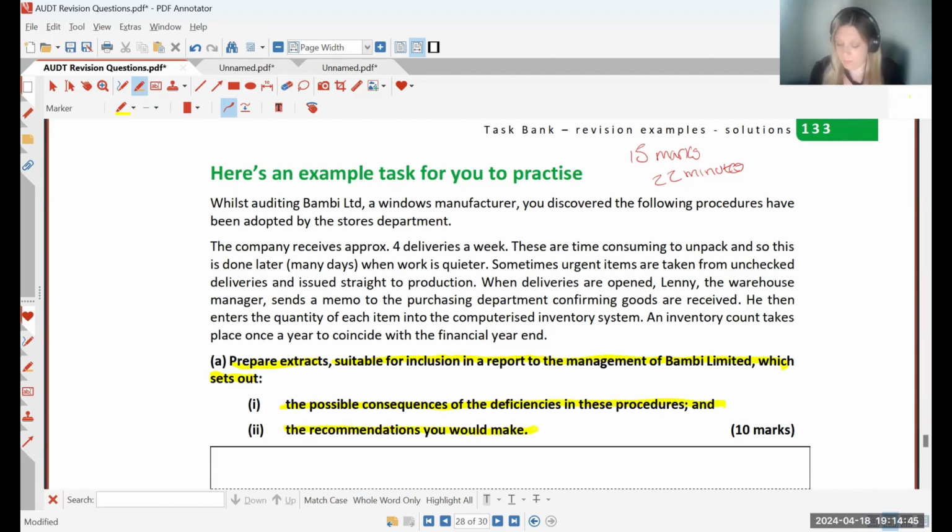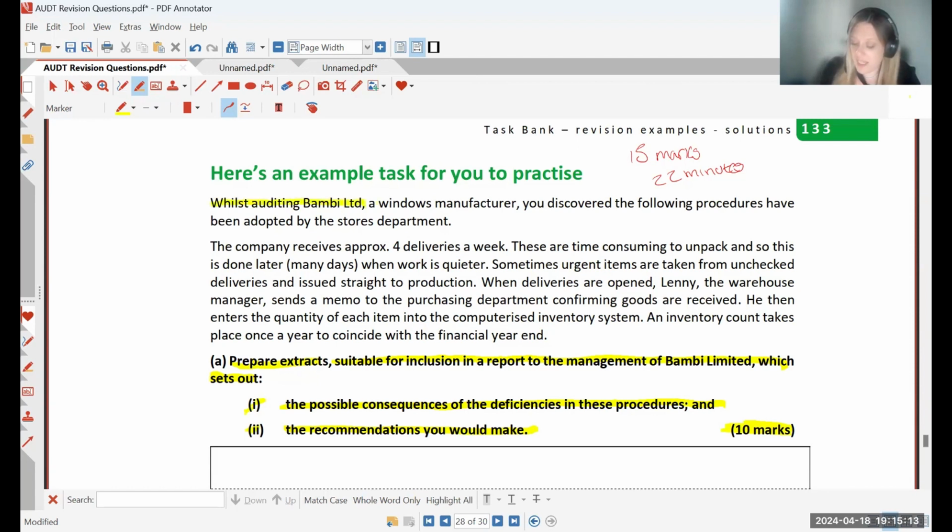Okay, so consequence and recommendation. We have been asked to prepare, doesn't give us a number, so just extracts. 10 marks and 2 parts to each. So I would go with 5. We probably need 5, right? So let's read the scenario.